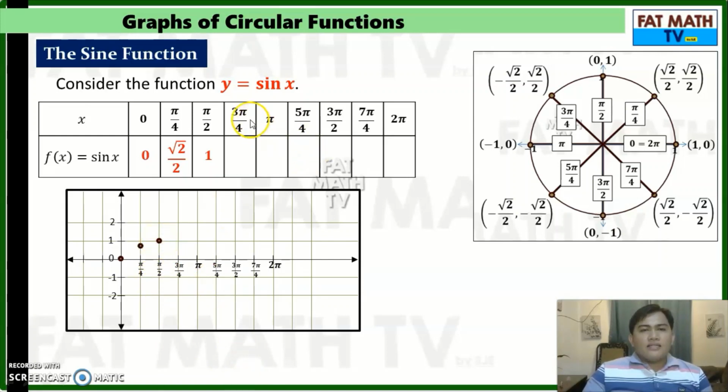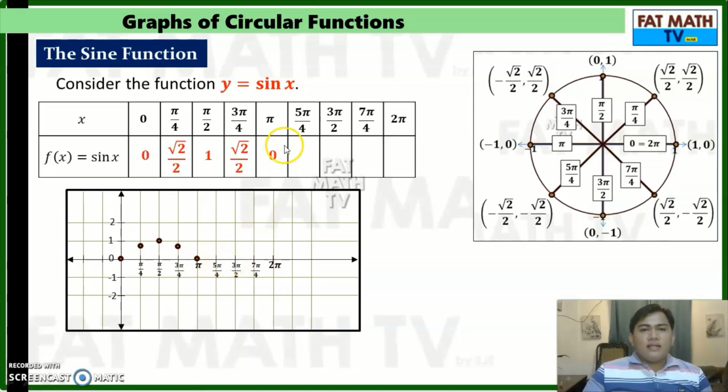And then if x is 3 pi over 4, here, we have square root of 2 over 2, still 0.7. So it's here. And then when x is pi, the sine of pi is 0. So pi, 0 is the point here.